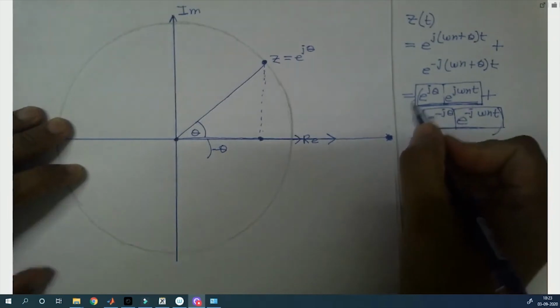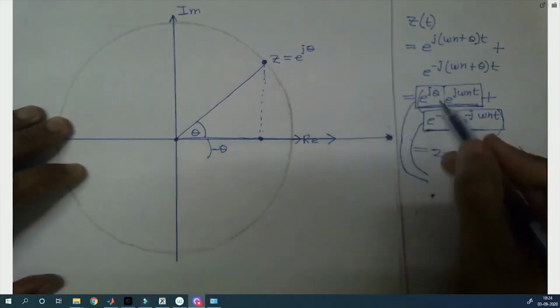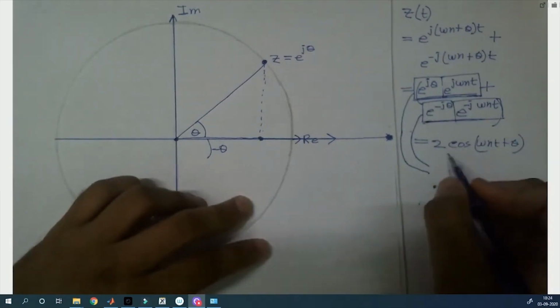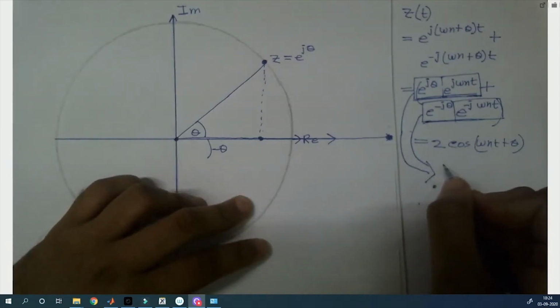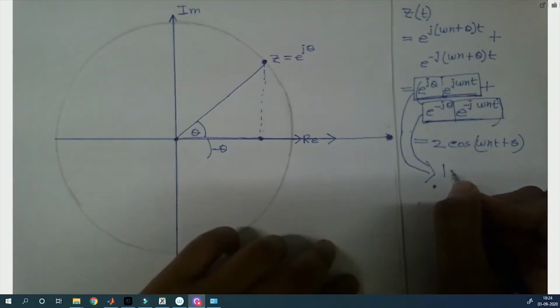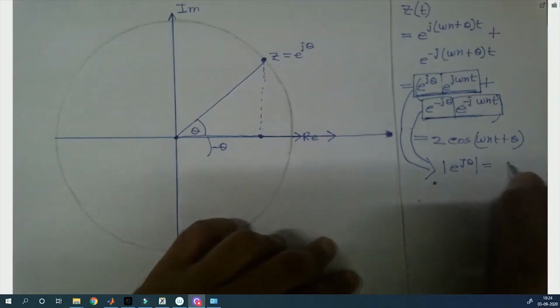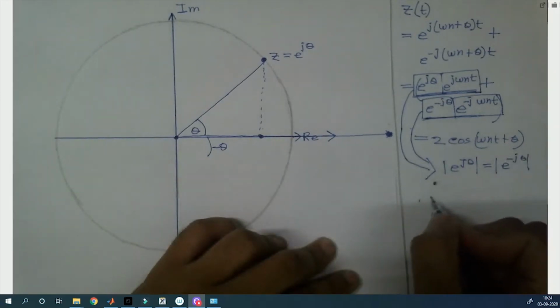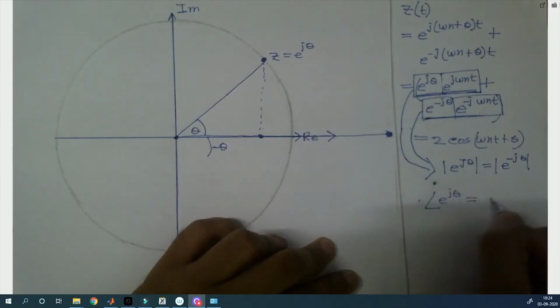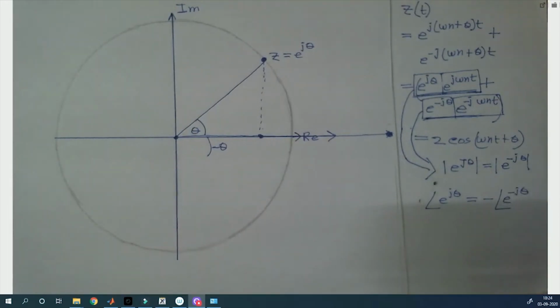Now if you look at these two coefficients, then you shall see that the modulus of e to the power j theta is equal to the modulus of e to the power minus j theta, and the angle of e to the power j theta is equal to minus of the angle of e to the power minus j theta.